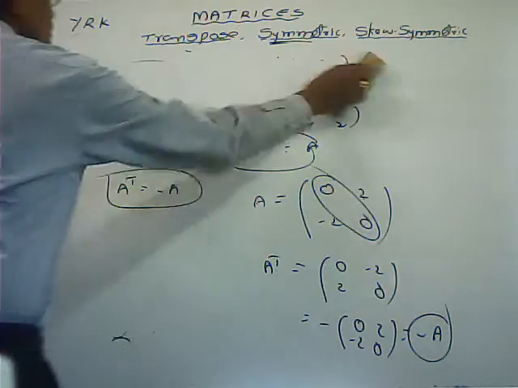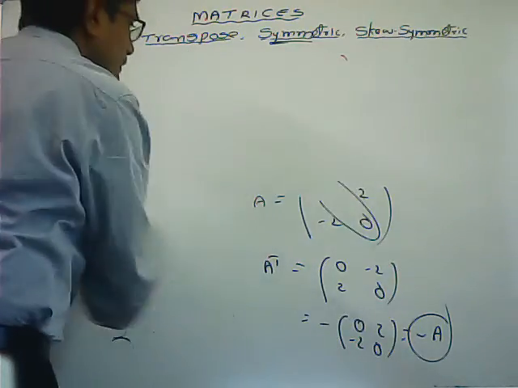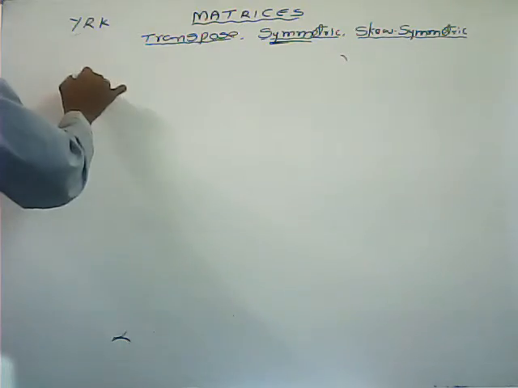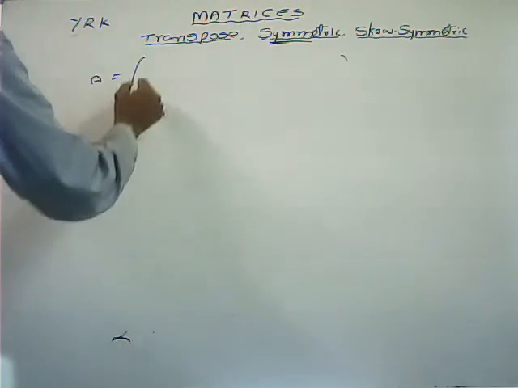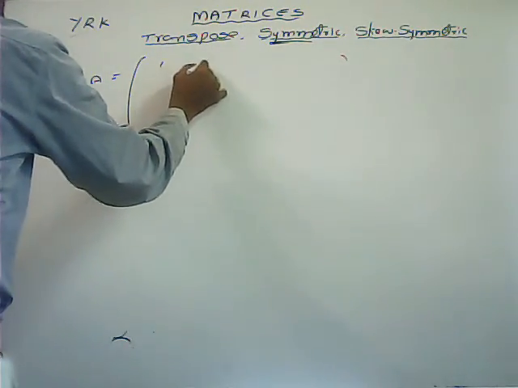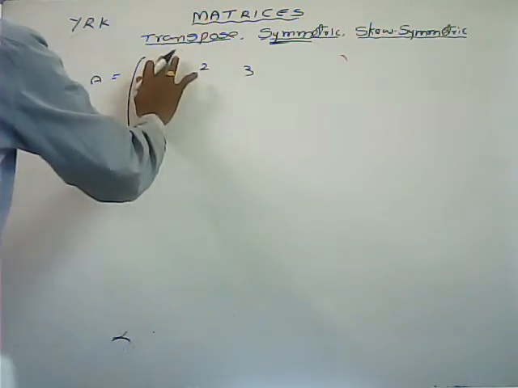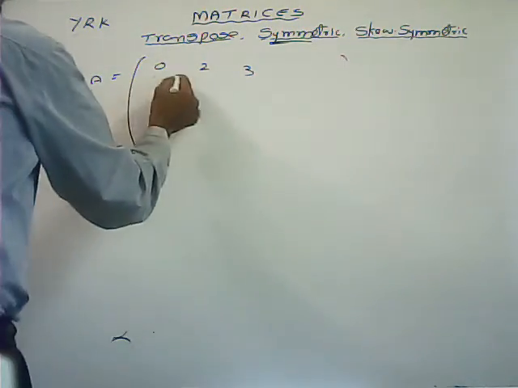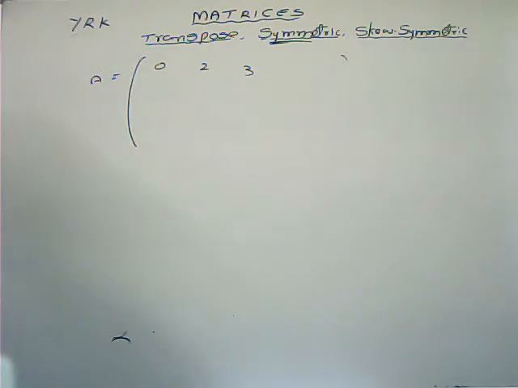Now here, if I take a 3 by 3 skew symmetric matrix, A is equal to 1, 2, 3, sorry. In a skew symmetric matrix, all the diagonal elements should be equal to 0. Here, the ith row jth column element should be equal to minus the jth row ith column element.